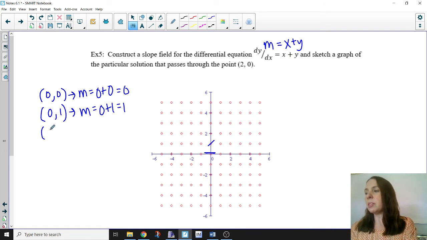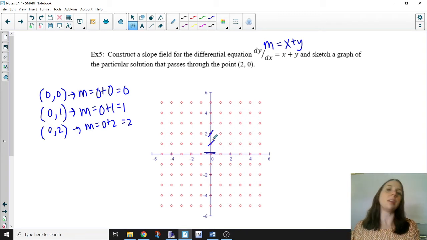When I move up to (0, 2), I'm looking at a slope of 0 plus 2, or 2. So I need to make it steeper. Now, don't get too bogged down in worrying about whether that line is exactly a slope of 2. You just need to say it's steeper than 1, right? (0, 3) would be a slope of 3, which would be a little bit steeper.